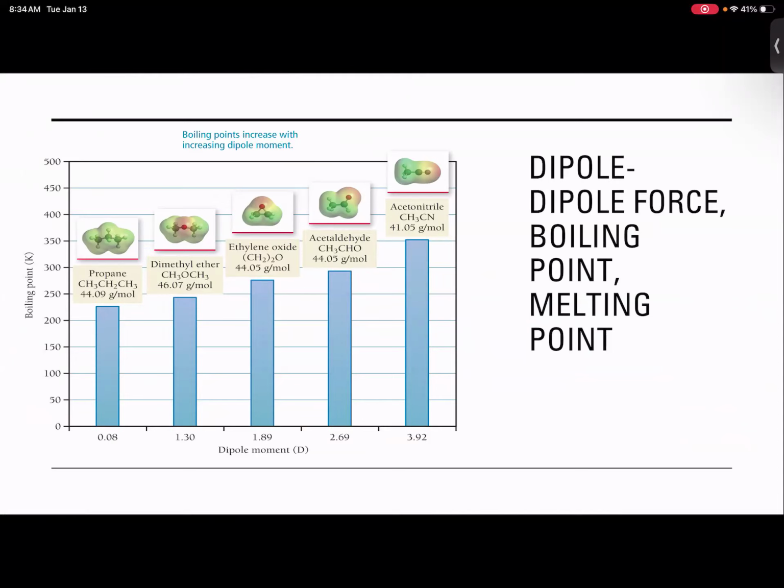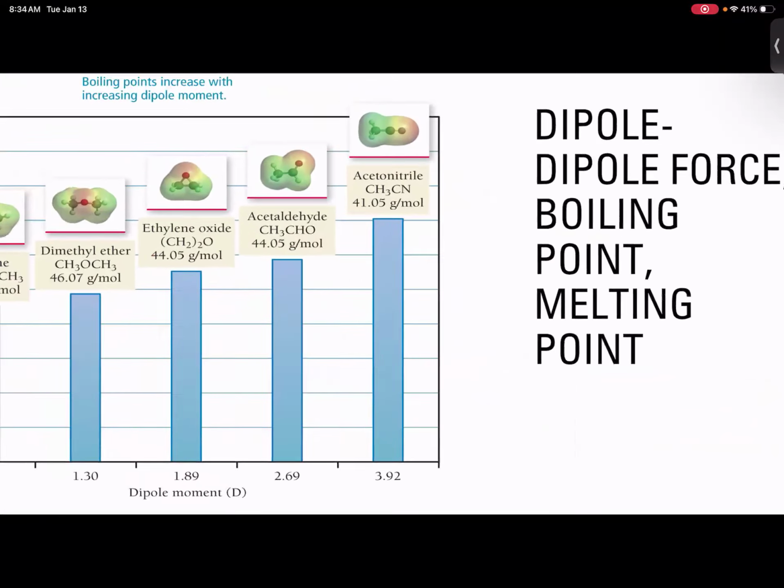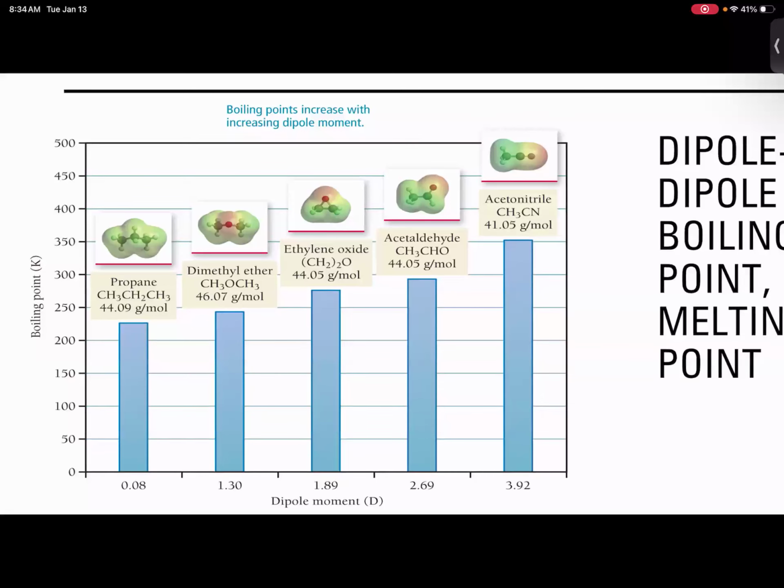How big of a factor is this? Well, this is a table or a graph of 5 molecules that have similar molar masses. Propane has a molar mass of 44.09 grams per mole.